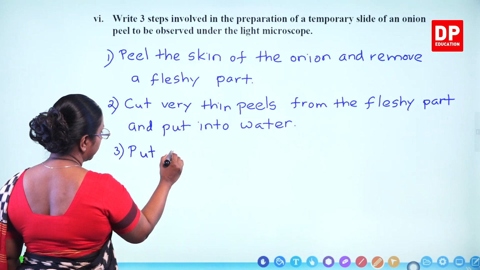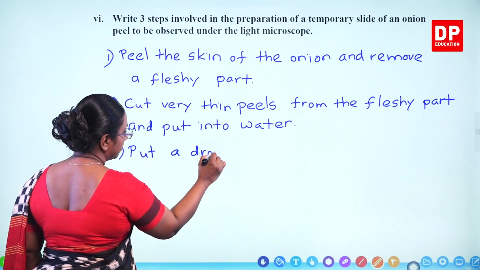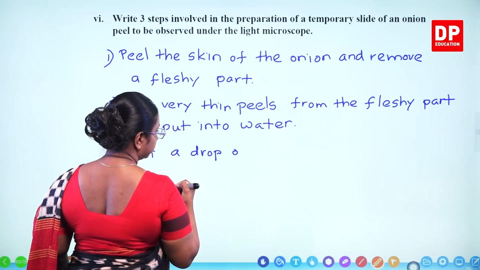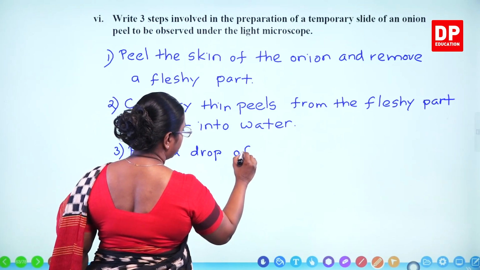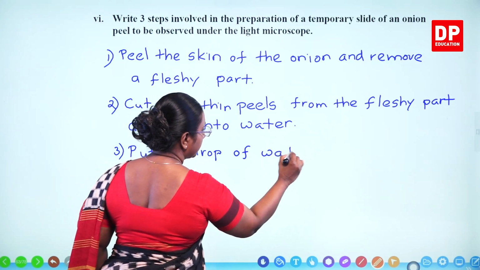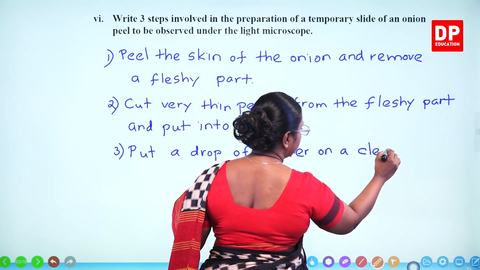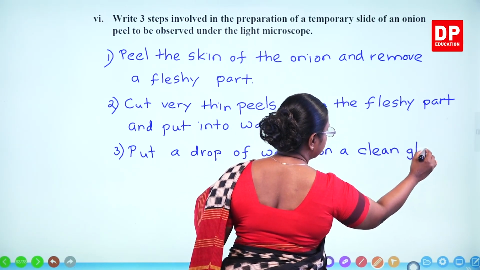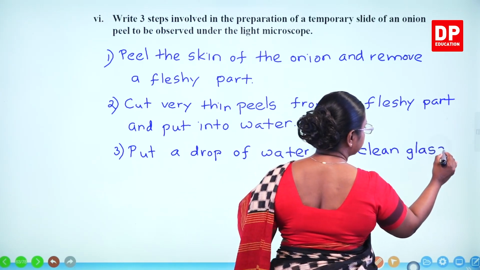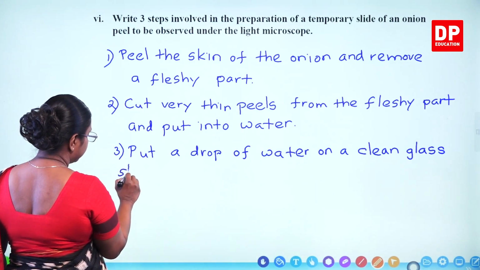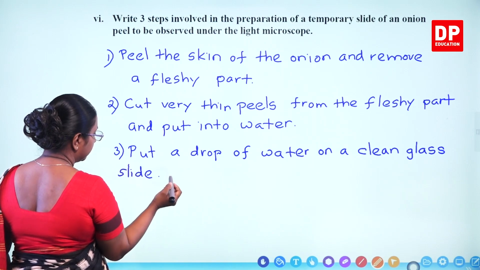Put a drop of water on a clean glass slide.